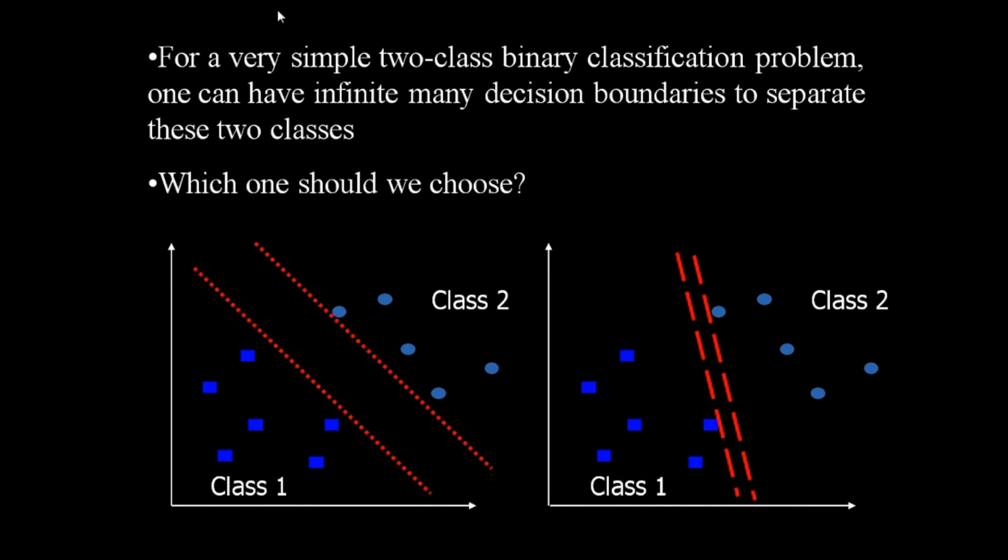Look at this, for a very simple two class binary classification problem, okay, you have some data, you want to separate these data into two different groups, okay. You can draw the line like this, so this becomes one group, and this becomes the other, or you can draw the line like this, then these groups change. So this could be low active compound, this could be high active compound.